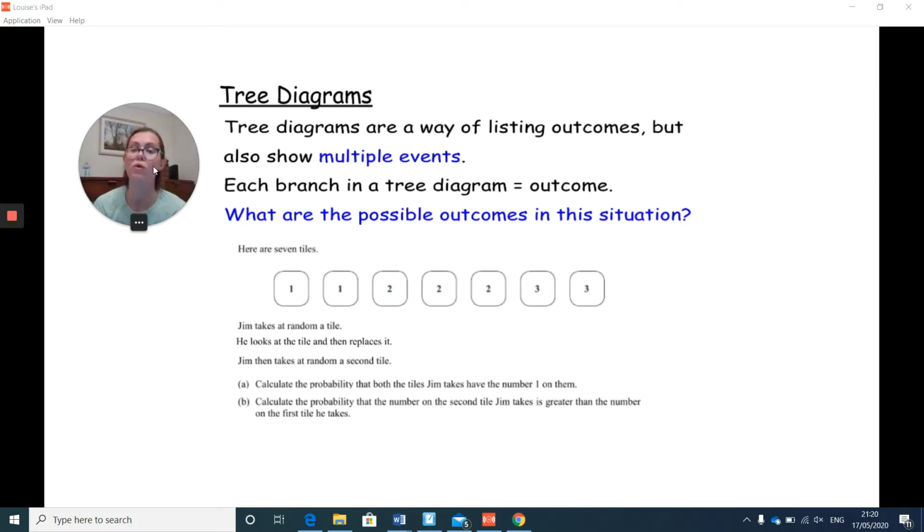Hopefully this shows the step up from what we were doing before when we were looking at one event. This question is definitely about 2 events. The reason I know that is because they're talking about Jim takes a random tile and then he takes a second tile. So from those 2 pieces of information, I have 2 events going on.